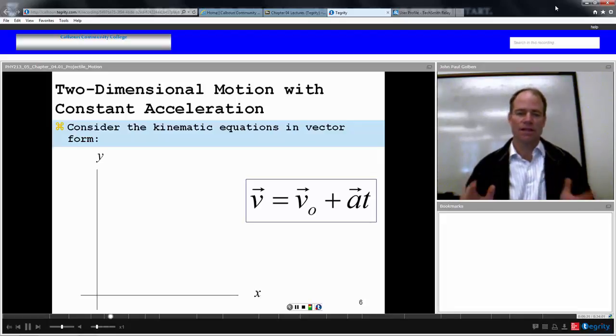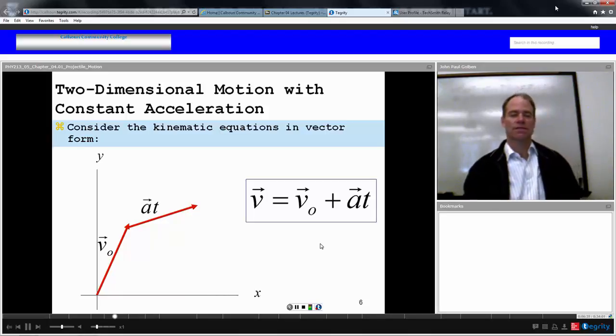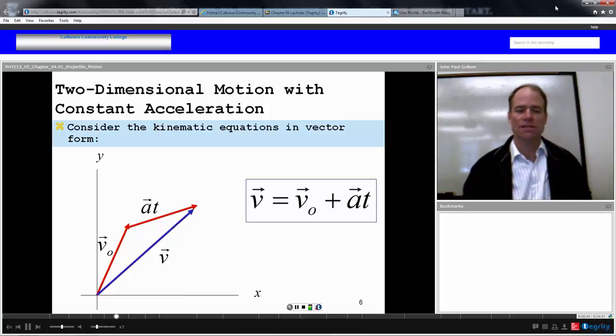If I were to write this like vectors with magnitude and direction, I might have an initial velocity, v naught, going some direction, and then another vector, acceleration times time, going in a different direction. The sum of these, tip to tail, comprises my resultant vector, in this case the final velocity. So my final velocity is equal to v naught plus at.